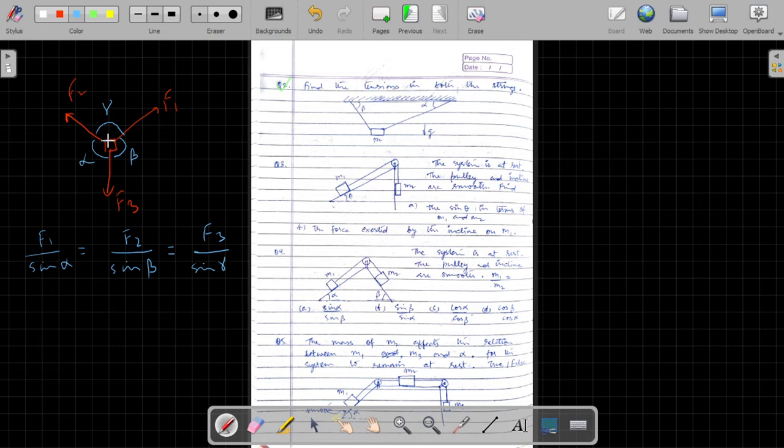Similarly, force F2 and the sine of the angle opposite to that force, F3 and the sine of the angle opposite to that force. So this is the way of writing Lami's theorem, and this can be used sometimes in solving some questions.